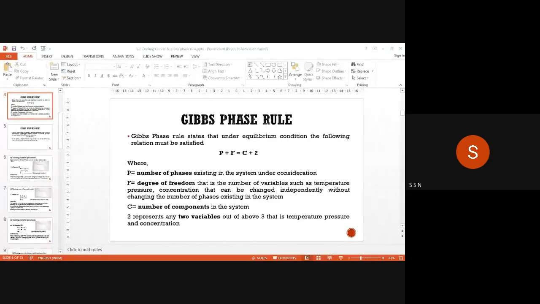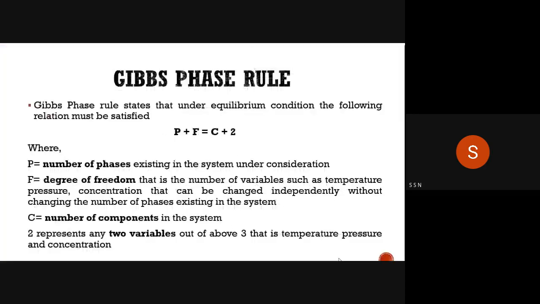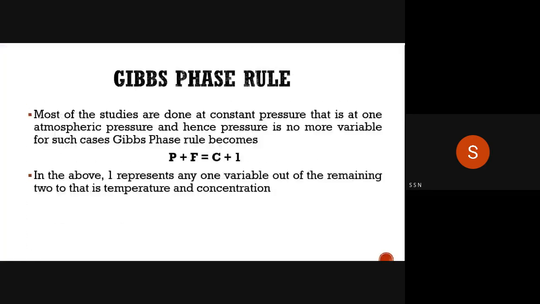It's okay. Then why in the equation of the Gibbs phase rule, P plus F is equal to C plus 2, is C plus 1 taken? Because in most cases the study is done under constant pressure. That's why pressure is not a variable in that case, it becomes a constant.